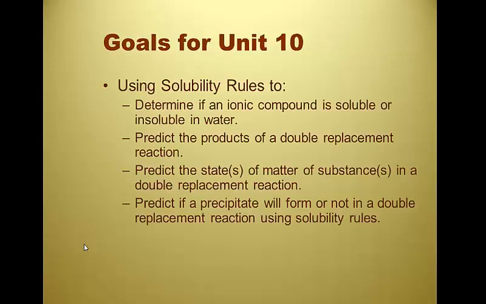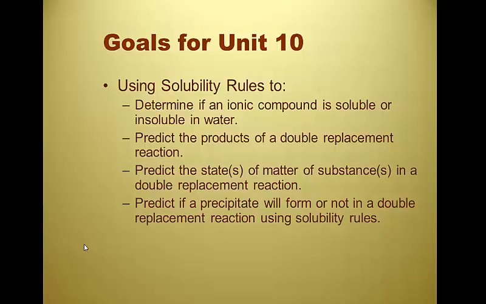Alright, the goals for Unit 10. You are going to use solubility rules, which are going to be given to you, and probably should have been given to you already, to determine if an ionic compound, and this entire unit revolves around ionic compounds, is soluble or insoluble in water.